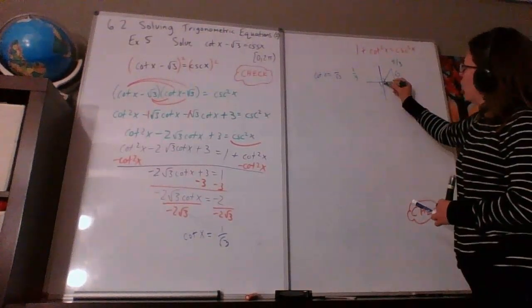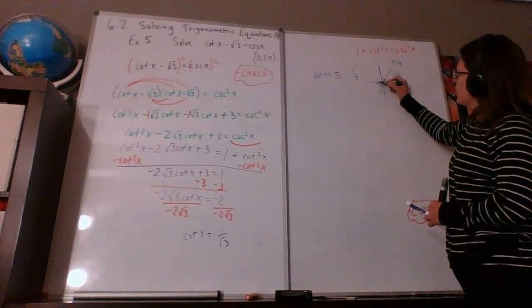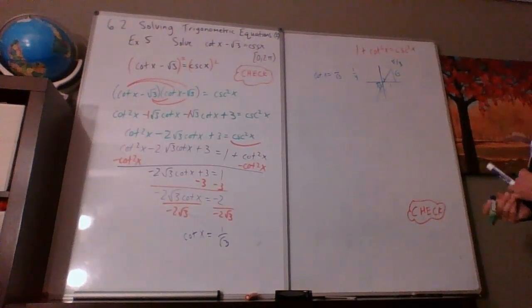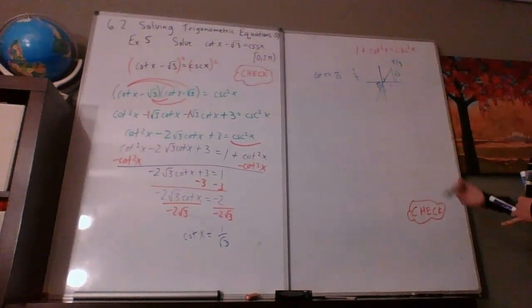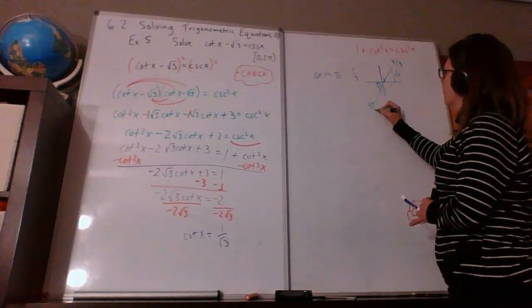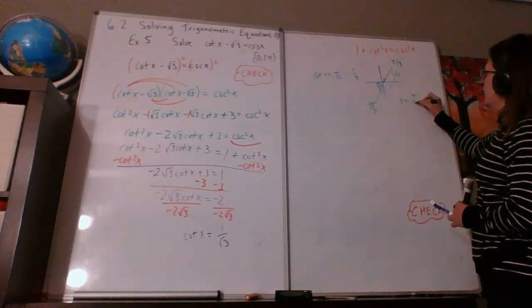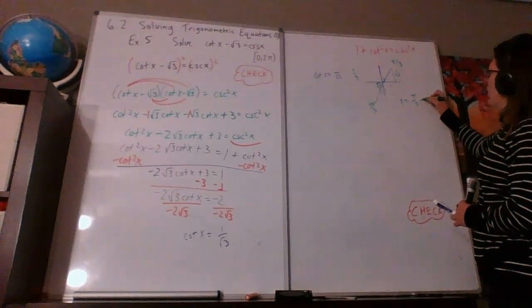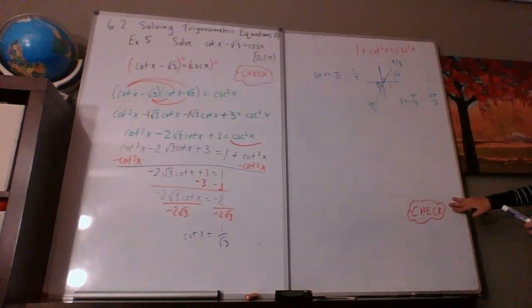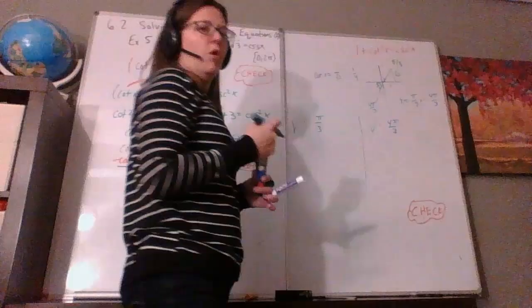So therefore in quadrant 3, our reference angle is still pi over 3, and whether you use degrees or you go straight to radians, that's going to give us 4 pi over 3. So we get two solutions. X is pi over 3 or X is 4 pi over 3. However, remember, because we squared both sides of our equation, we have to check both solutions.